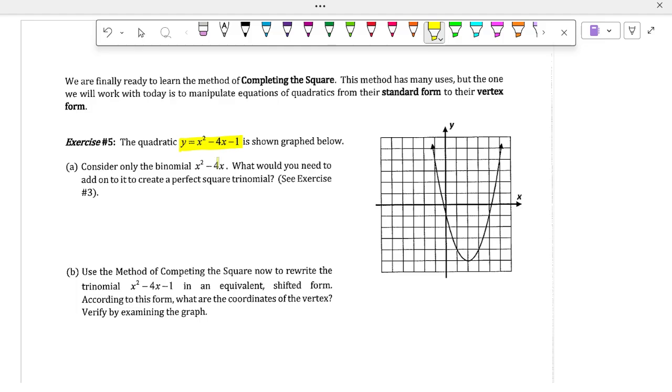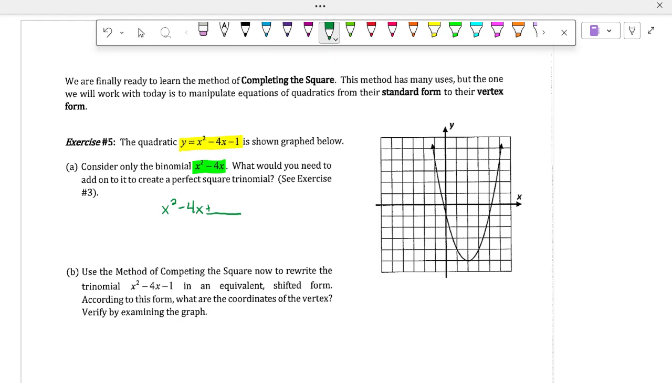So if we were just given x squared minus 4x, all right, what they want to know is what will we have to add to give us a perfect square trinomial if we factored it? Well, how do you think I'd figure that out?